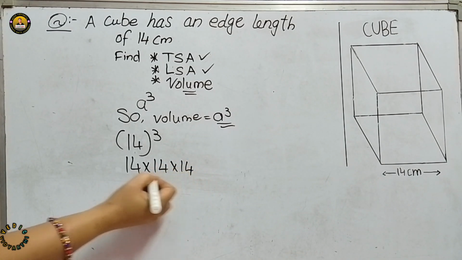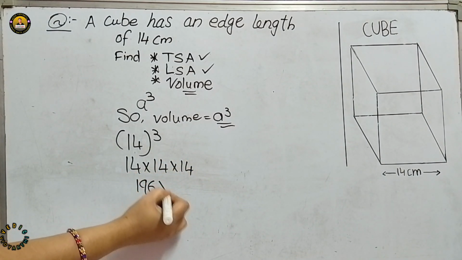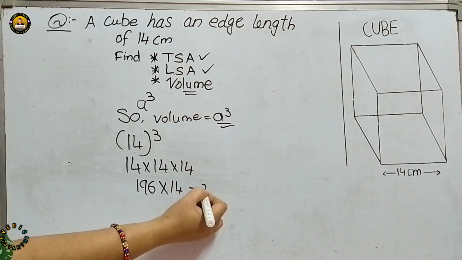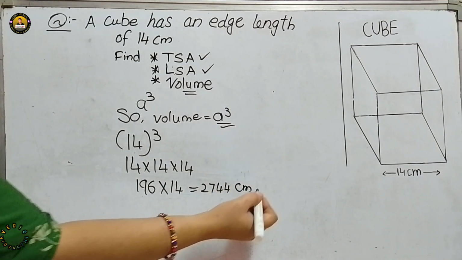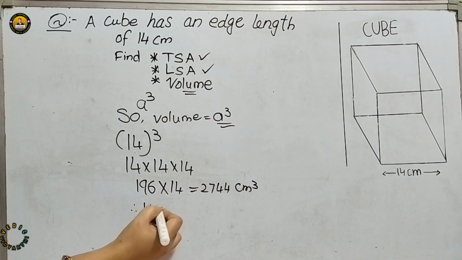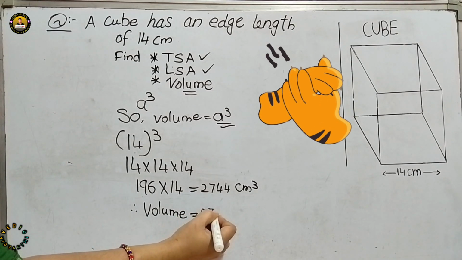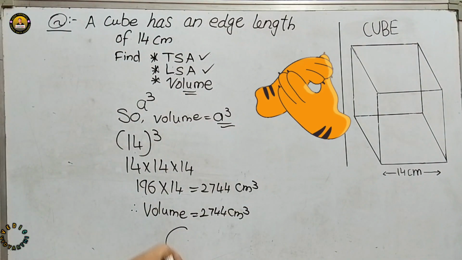So 14 square, we all know pretty well, is 196, and one more 14 we have to multiply and we get 2744 centimeter cube. Volume is 2744 centimeter cube. Thank you so much.